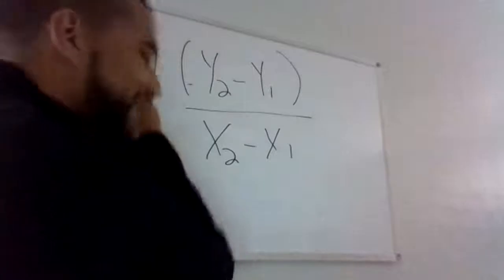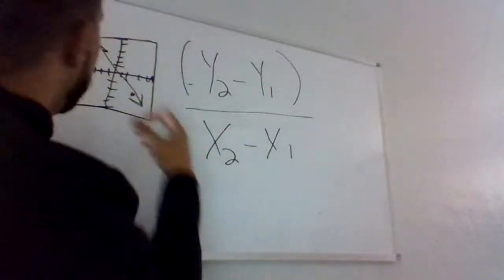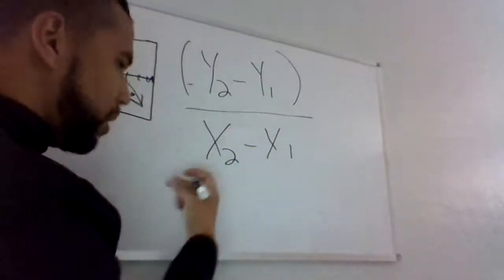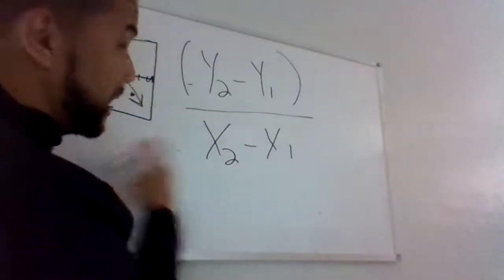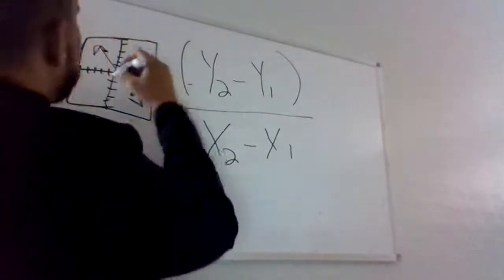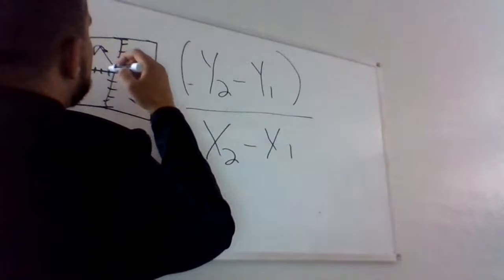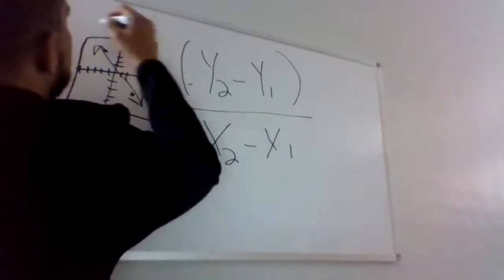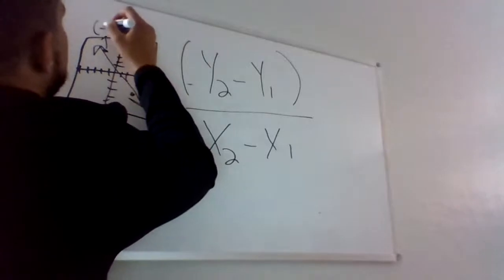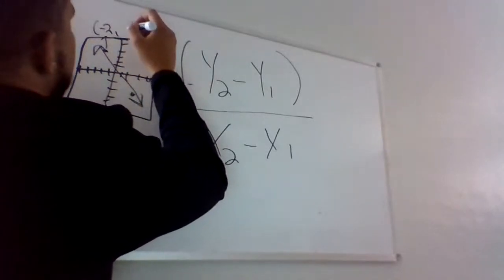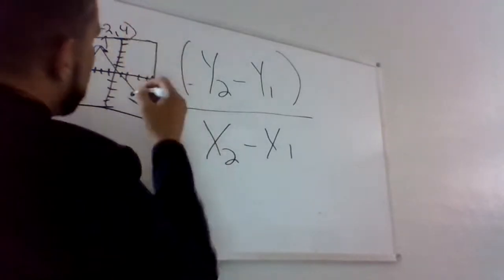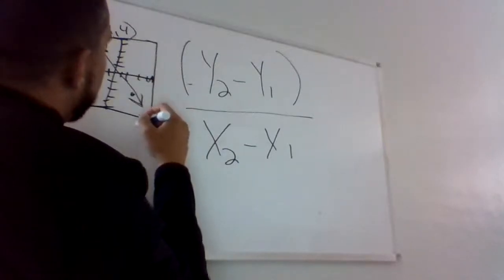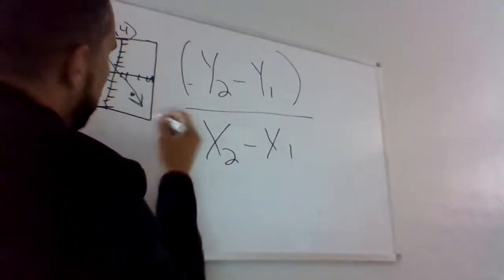Now, obviously, you can count and do rise over run, but they may give you a word problem or just give you the numbers. So let's say that this point here is -2 and 4, and this point here is going to be 3 and -1.